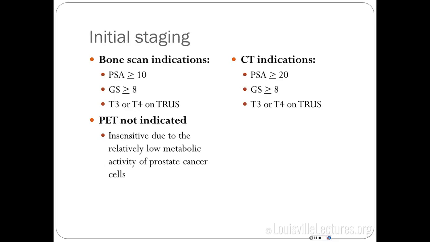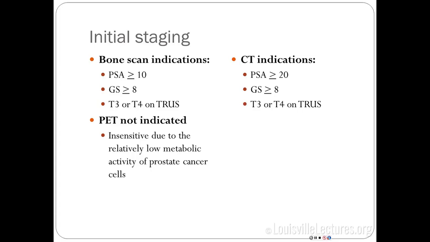Other things that we do in our part of our staging workup are a bone scan and a CT scan of the abdomen and pelvis. The bone scan is because prostate cancer generally goes to the bone, and we do it if the PSA initially was greater than 10, because that is a possible indicator that there might be occult bone metastases.